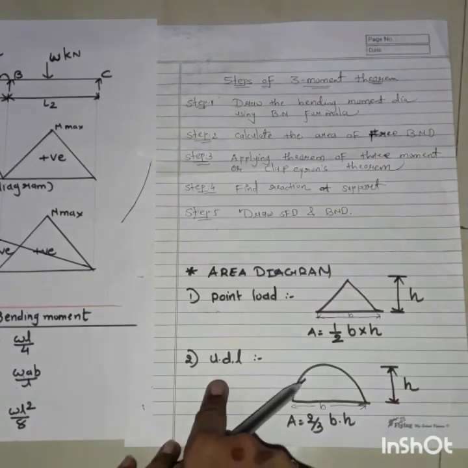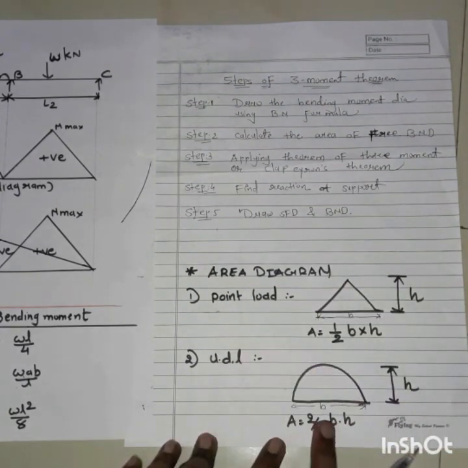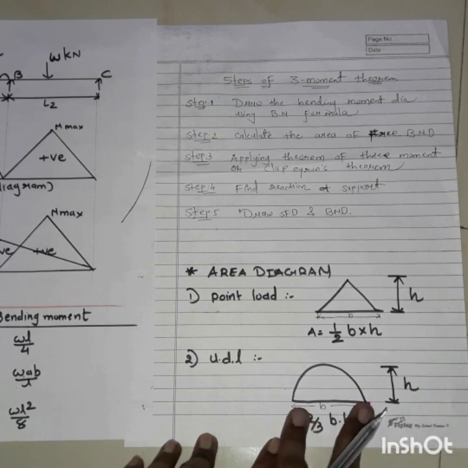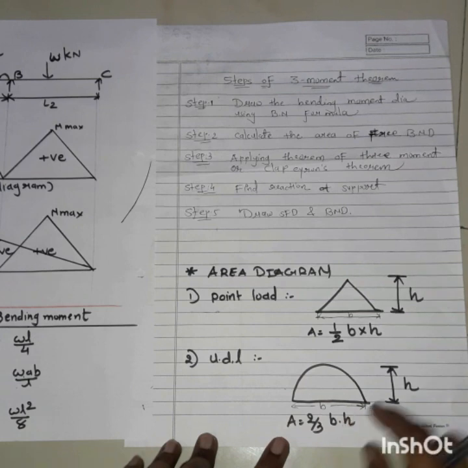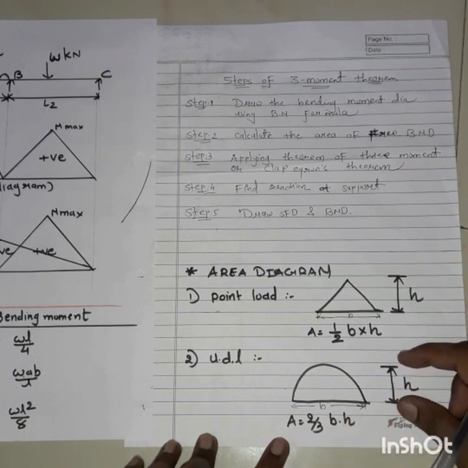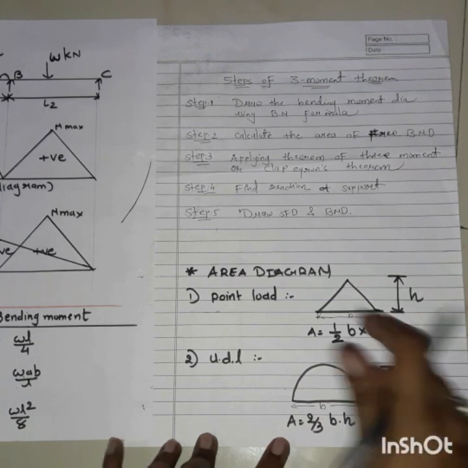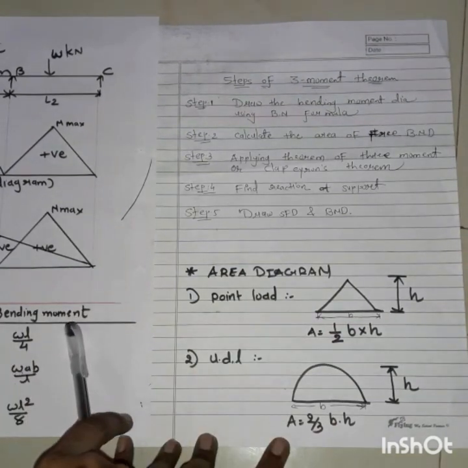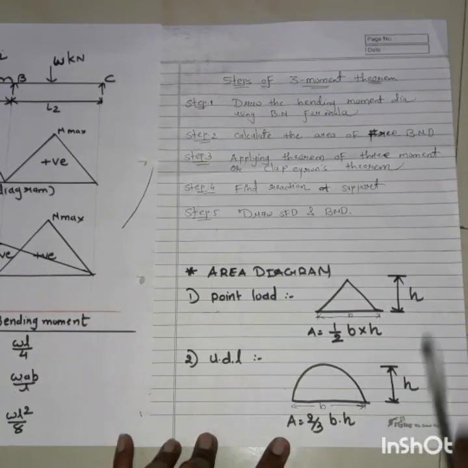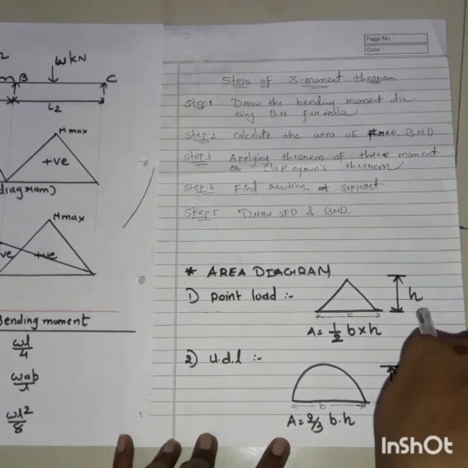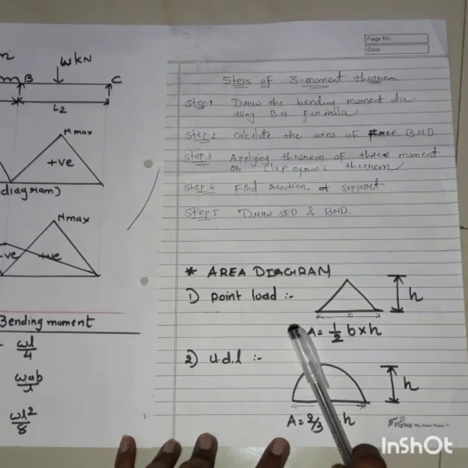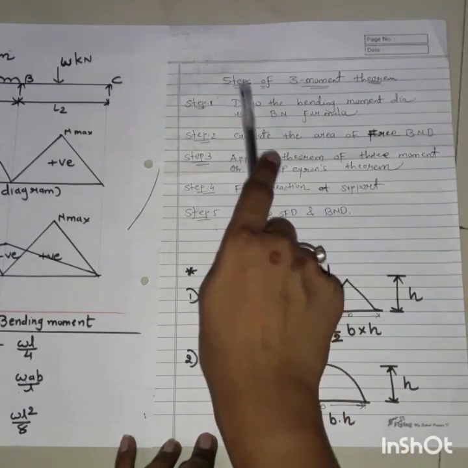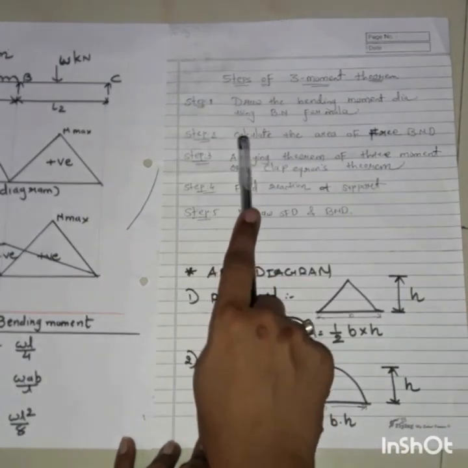For UDL, area is 2 by 3 B into H, where B is the width of the parabolic curve and H is the height of the parabolic curve. So from the bending moment formula and these various areas, you can easily calculate step number 1 and step number 2.